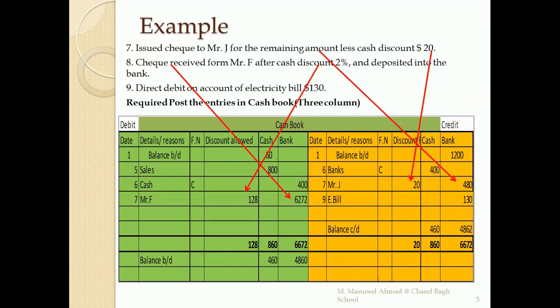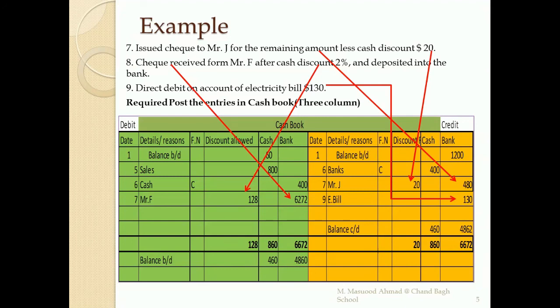So it has two effects. One effect is on discount allowed, and the other one is your bank column, which is increasing the bank. The last transaction, direct debit on account of electricity bill, and your bank is decreased by 130, therefore you place it on the credit side.